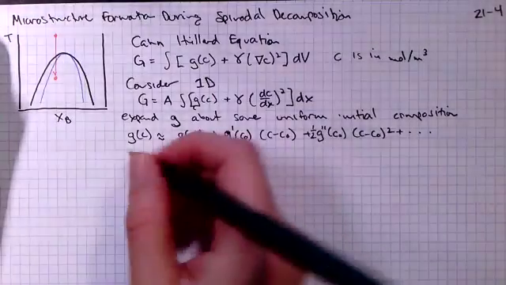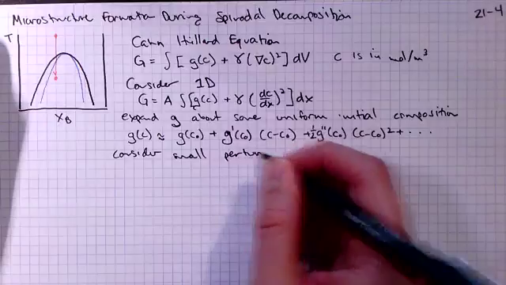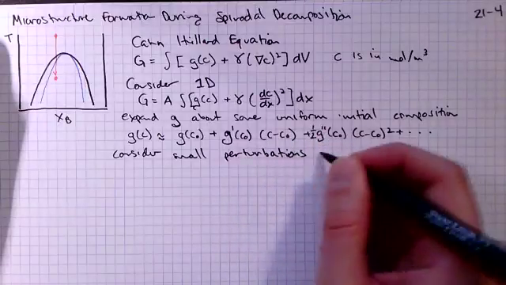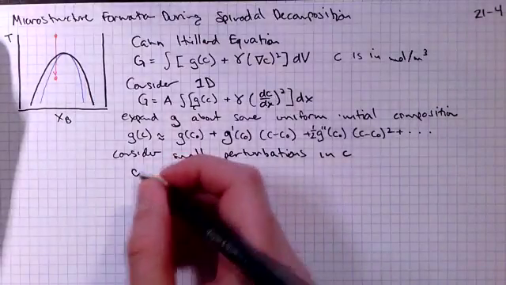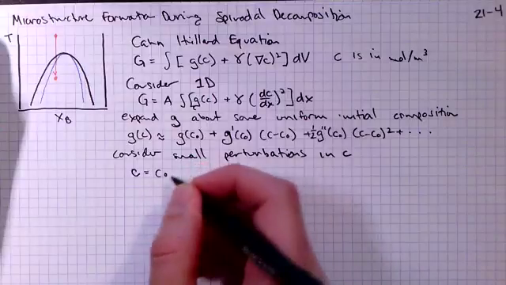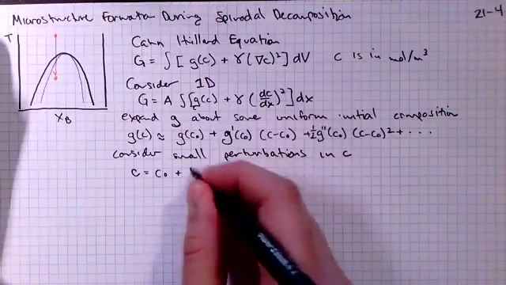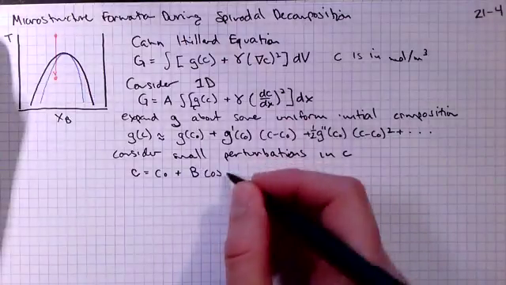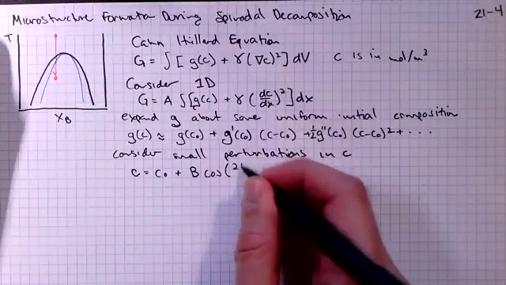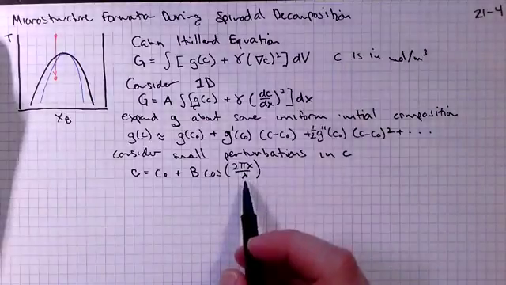And now if we think about small perturbations in the composition around C0, then C would be approximately equal to C0 plus whatever the size of the perturbation is, let's call it B, times, let's assume it's a sinusoidal perturbation, like cosine 2 pi x over lambda, where lambda gives us the wavelength of the perturbation, right?